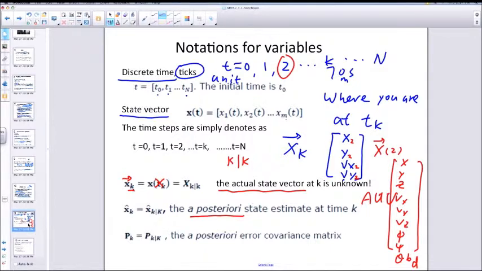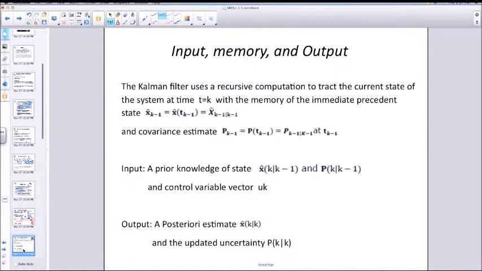And this k is the condition, this k is your current time. And then the same for the P, which is the covariance matrix. And if I put a k given k here, that usually is the posteriori error covariance matrix.